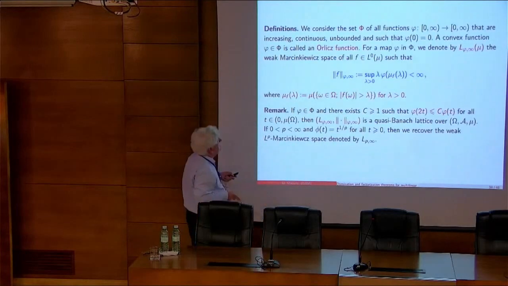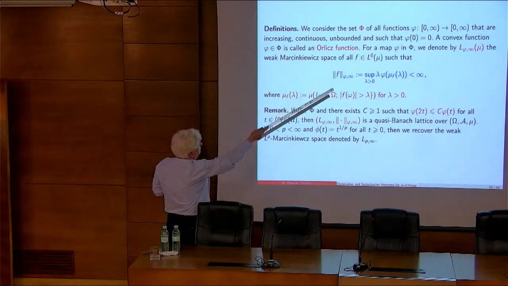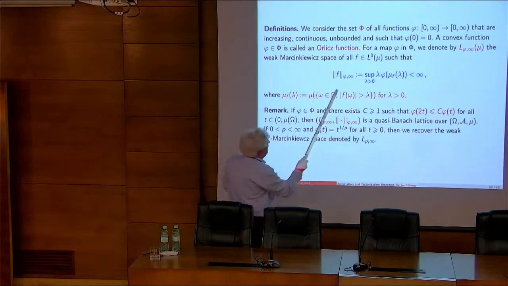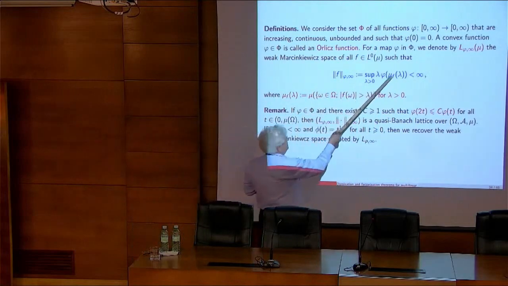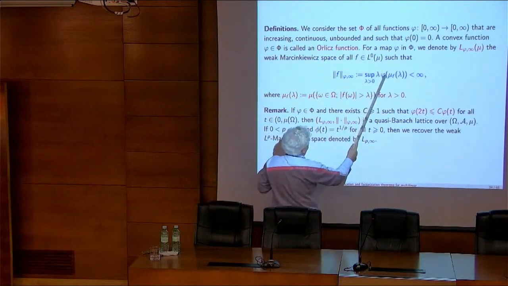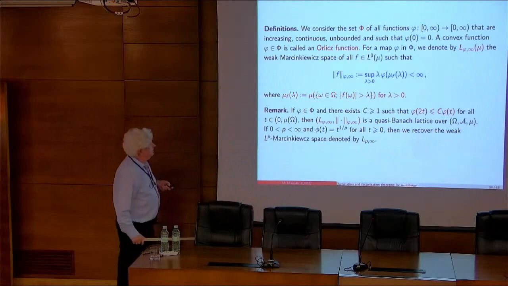For this we need a definition. We consider functions which are increasing, continuous, and vanishing at 0. Whenever such a function is convex, it is called an Orlicz function. For this type of function we define the generalized Marcinkiewicz space. This is the distribution of our function: we compose with phi and multiply by lambda, and we want the supremum to be finite.